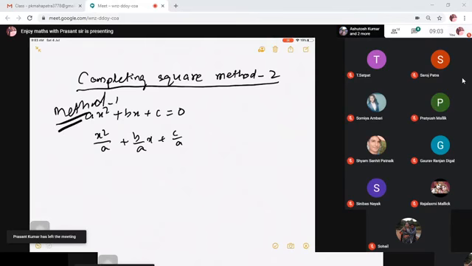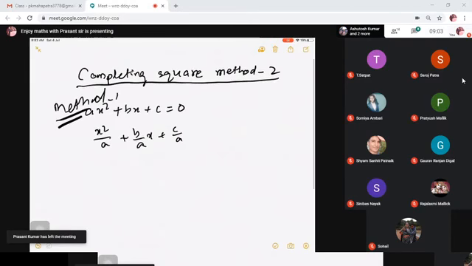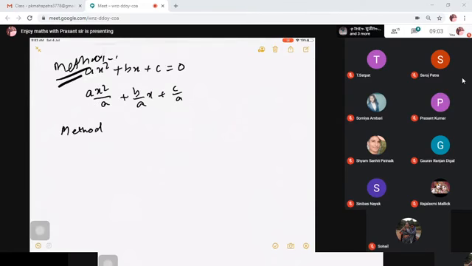Sir, you have written x square by a. Ax square by a. We had divided it by a. Okay, and today we shall learn method 2 of completing square.